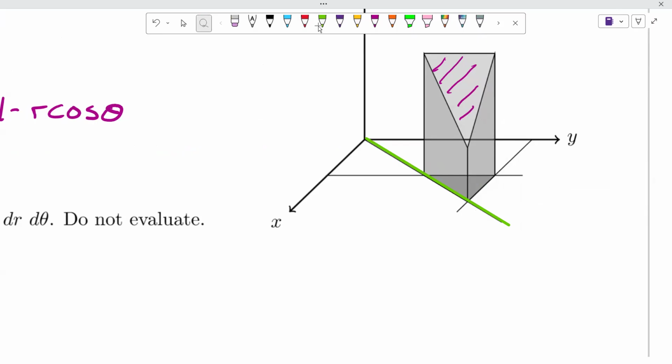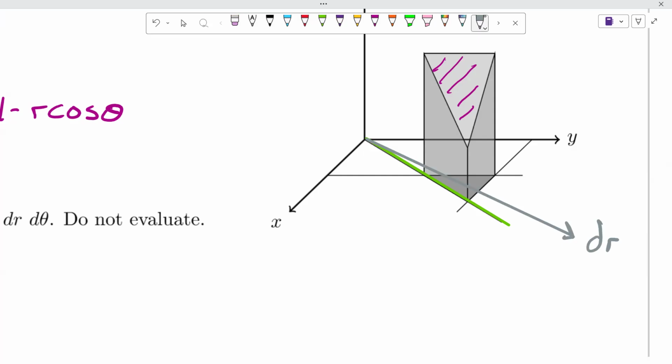If I'm thinking about how dr should work, dr works its way from the inside out. I'm going to look at r moving this way from the origin outward.